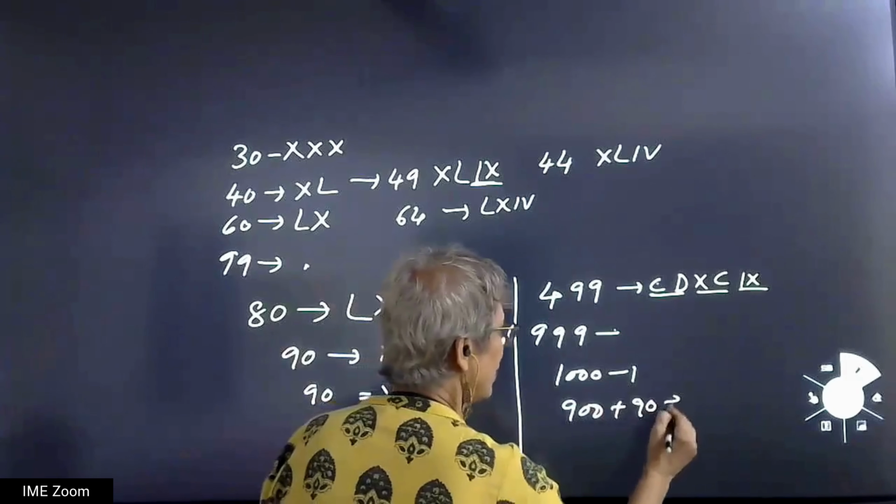And how to write 900? 900 means 1000 minus 100, and that is CM. CM is 900. Okay, so this is how we write 900, and then 90 we know, 9 also we know. So this is the way the numbers are written.